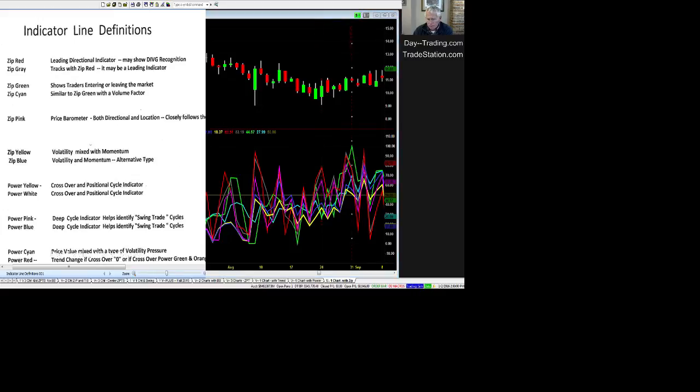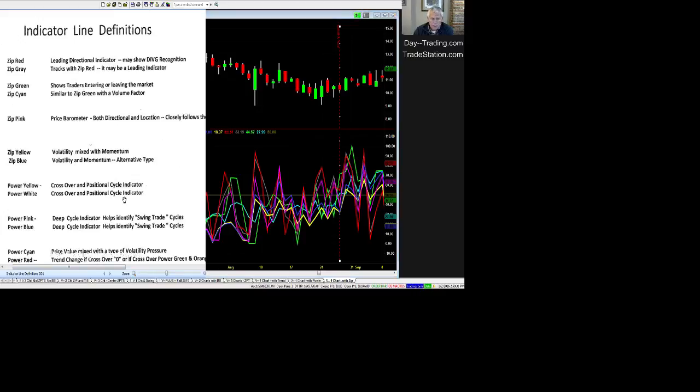If I move back to here, I was going to show you this as well. On this right leg W, the zip yellow, blue, and pink are also in right leg W's, and the more right leg W's you have, usually the better the influence it has on building a bigger candle. If you get enough of them, you'll see some decent gap ups.